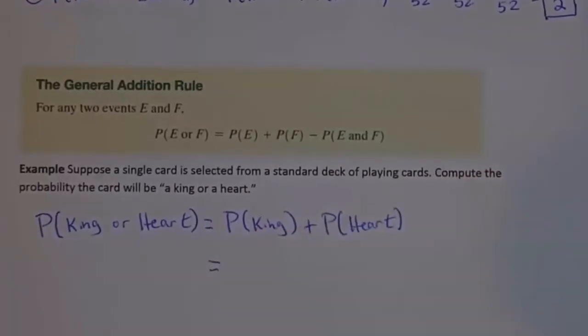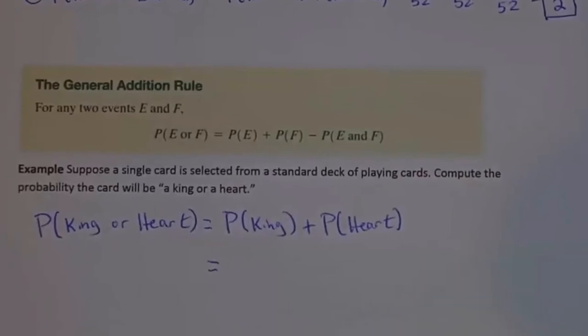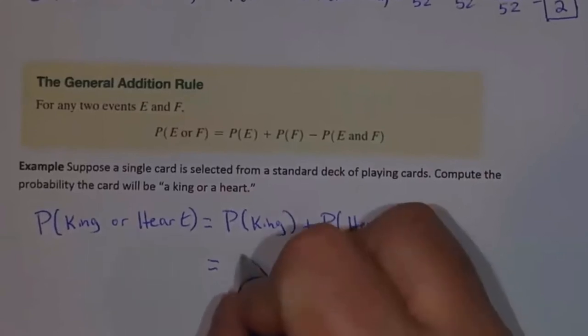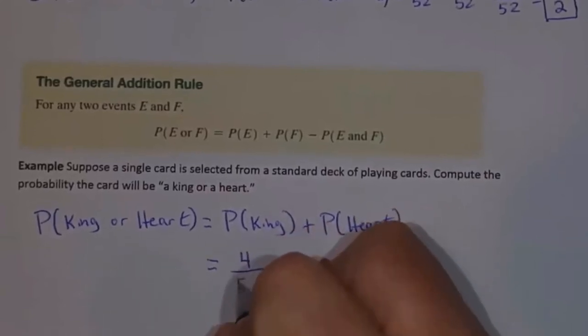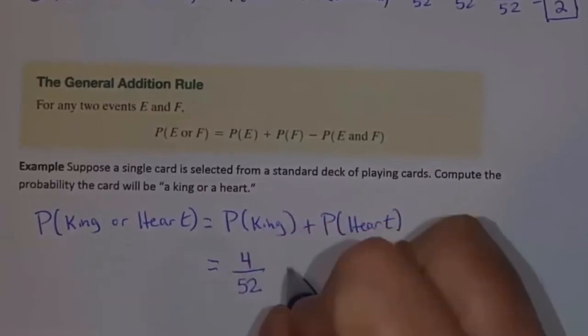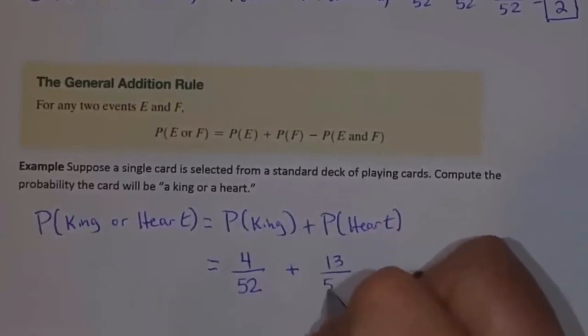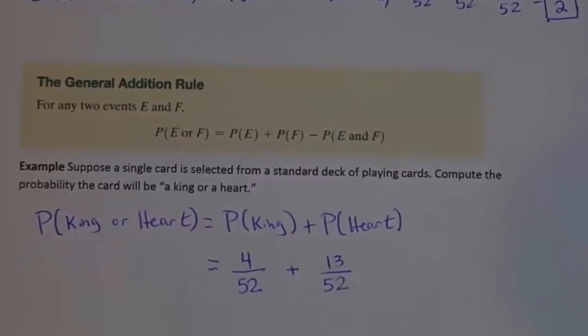But here's the issue with that. So I'm not finished here. I'm going to come back and finish this. The probability of drawing a king, well, there's 4 kings out of 52 cards. The probability of drawing a heart, there's 13 hearts out of 52 cards. The trouble with just adding these two together is that the king of hearts is included in these 4 kings.